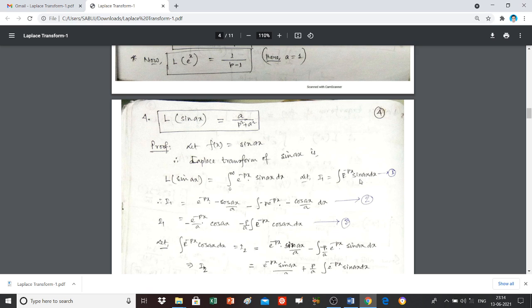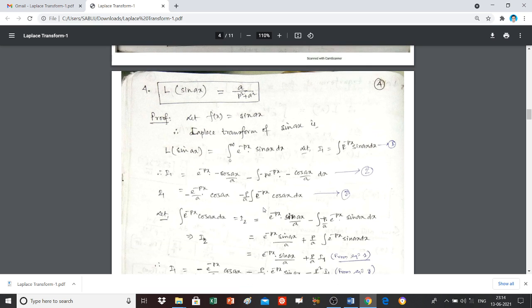After that, integrate sin ax, that is minus cos ax by a, then dx. So I1 is equal to minus e to the power minus px cos ax by a, then minus p by a, the integral of e to the minus px cos ax dx. This is equation number 3.